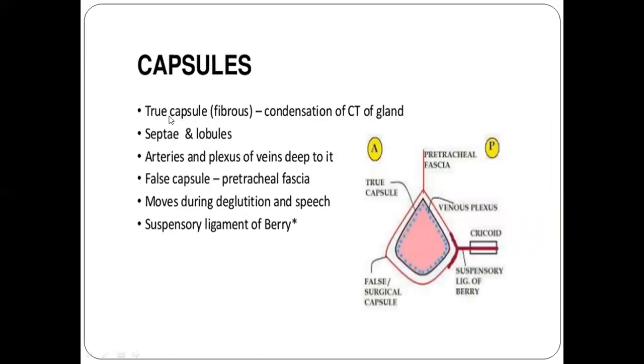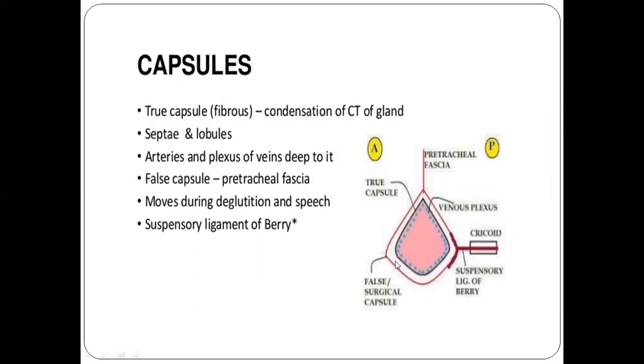So it has a true capsule, which I have described. The true capsule is from the condensation of the thyroid gland tissue, and it sends septa inside. Arteries and the plexus of veins are present below the true capsule.